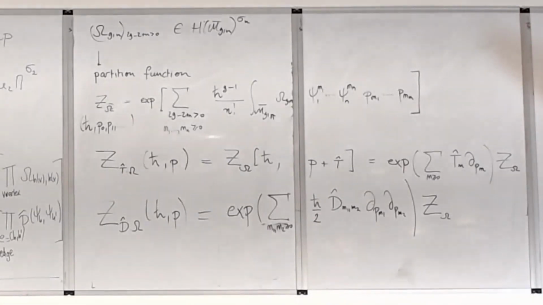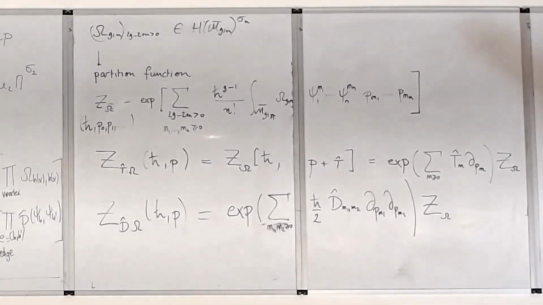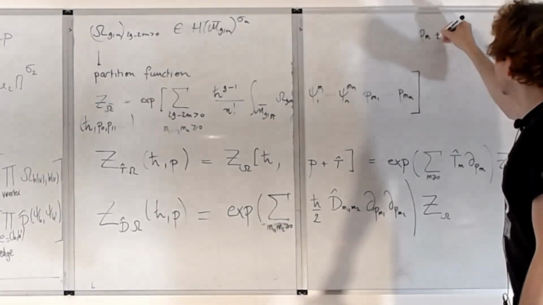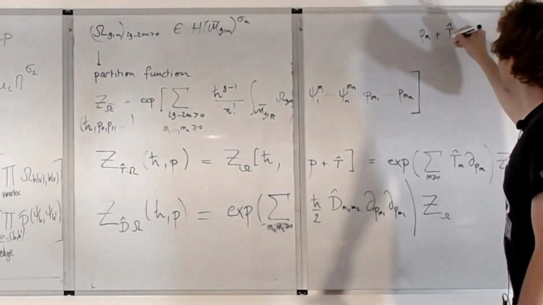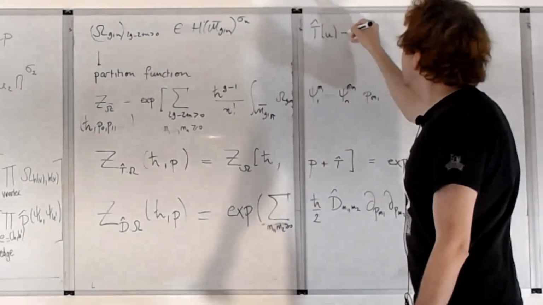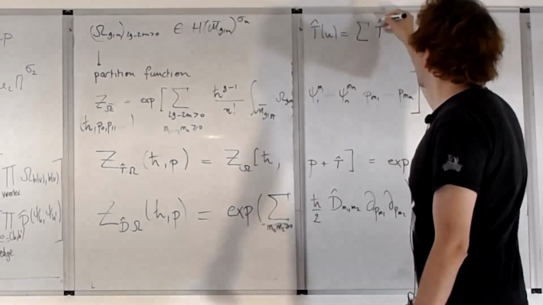Yes? What do you mean by your notation p plus t hat? I mean the collection of variables p m plus t hat m, where these t hat m are the coefficients.